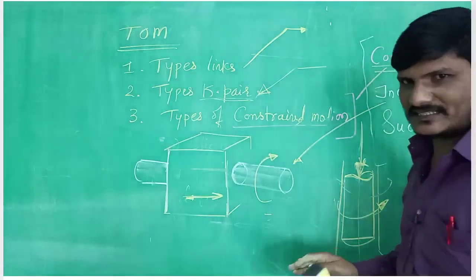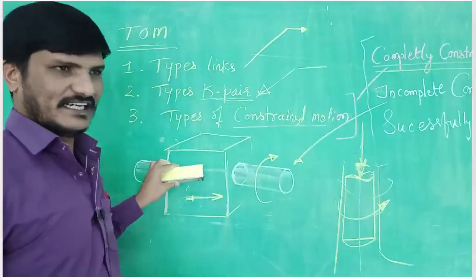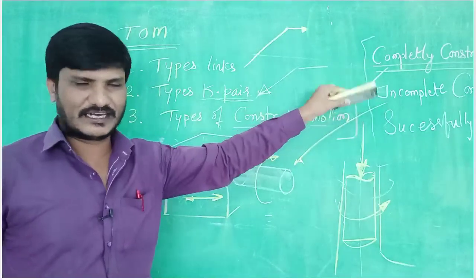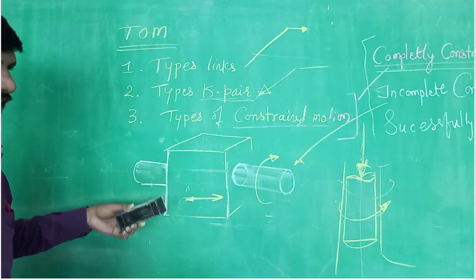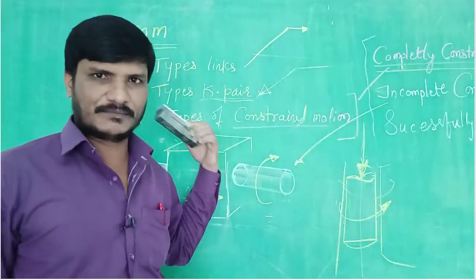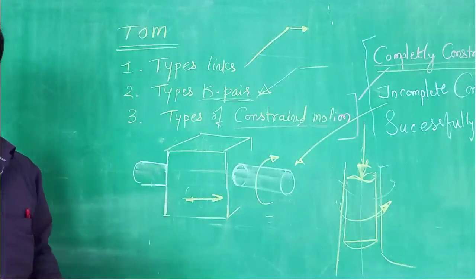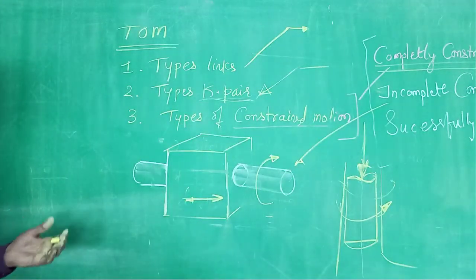Hope that is clear to you. What is a completely constrained motion? Giving motion in a definite direction. Incomplete constrained motion will give the motion in two ways, in two or different directions. Successfully constrained is when some external agency is applied, so it stops giving the motion in one direction, right? That is the example for successfully constrained motion.